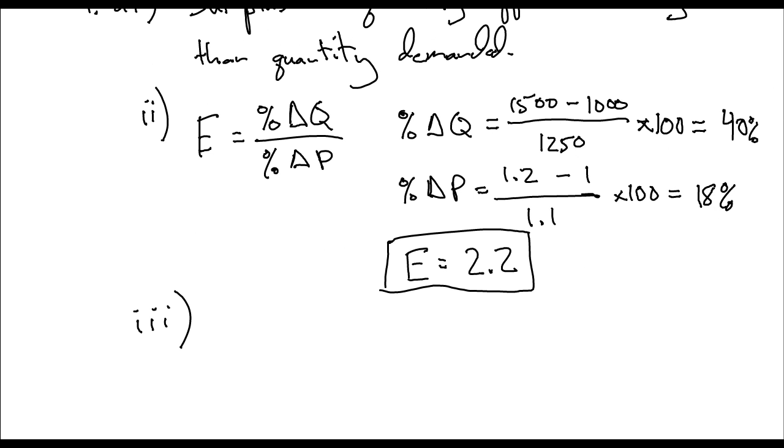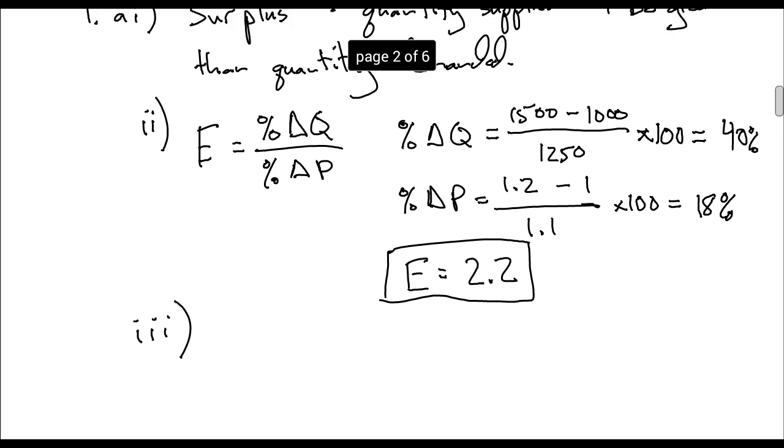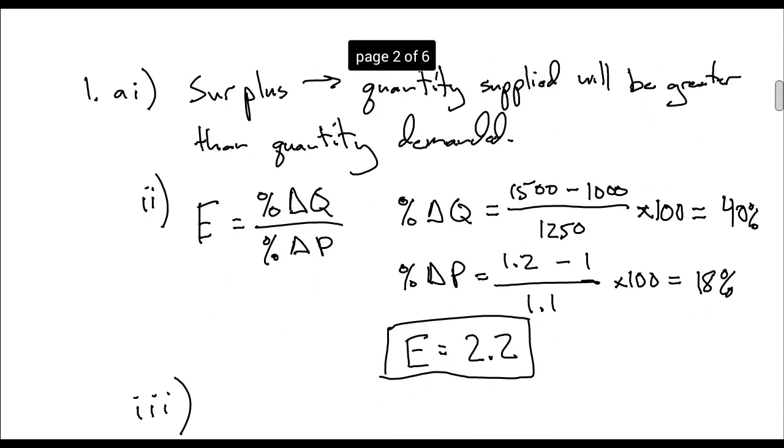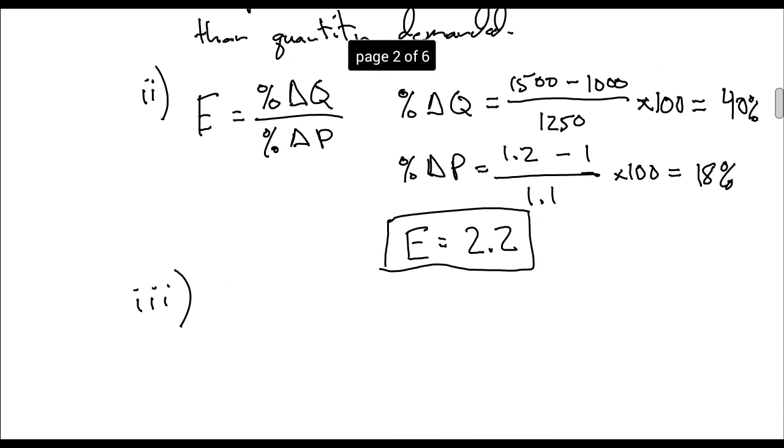Then we need to do part 3. Part 3 says between $1 and $1.20, is the supply elastic, unit elastic, or inelastic? And we've got an E of greater than 1. That would imply that the supply is elastic. Why is that? The quantity changing is greater than the price change.